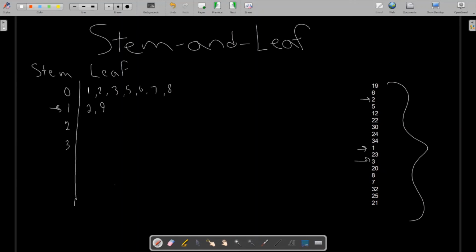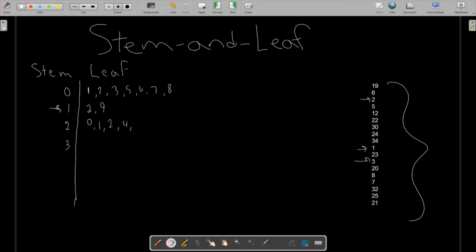And then for the 2 stem, it looks like we have a 20, and then a 21, a 22, a 24, and is that it? And a 25, and a 23.